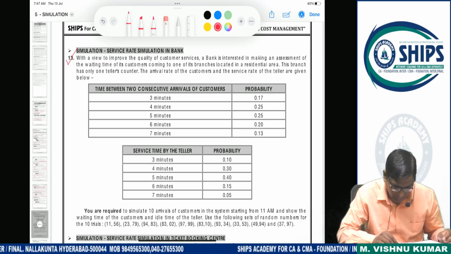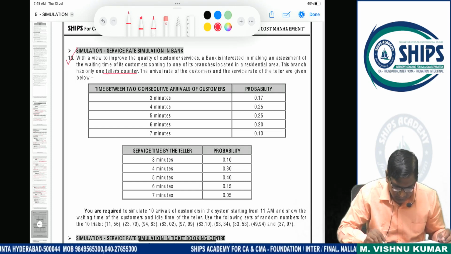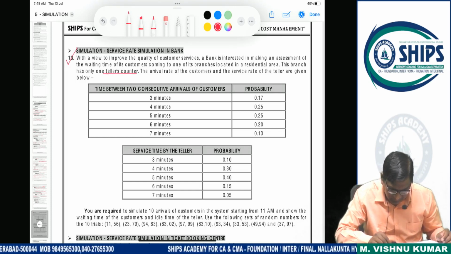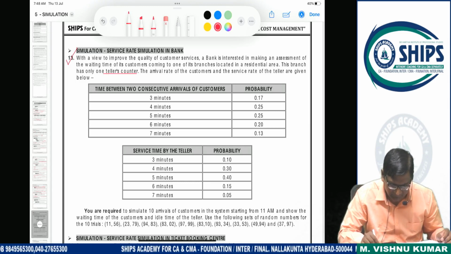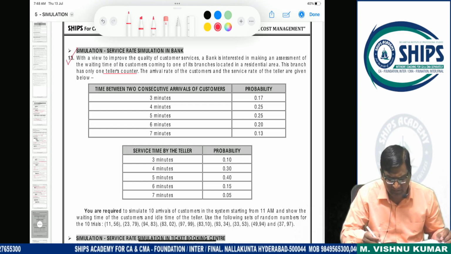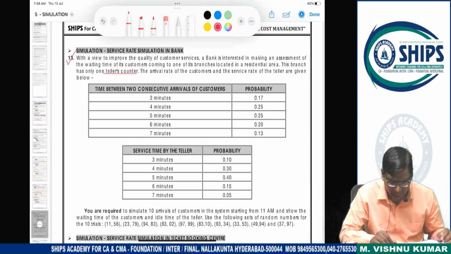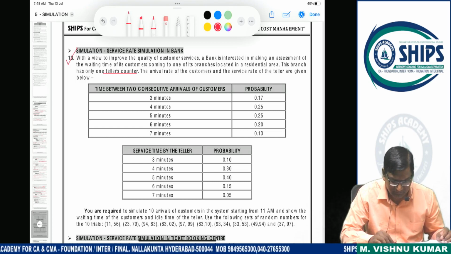This branch has only one teller counter. Okay. The arrival rate of customers and service rate of the teller are given below. Usually in government banks, even though they can facilitate by opening more teller counters, willfully they will not do so in some circumstances because they want to follow strict norms. So due to this, waiting time is possible.